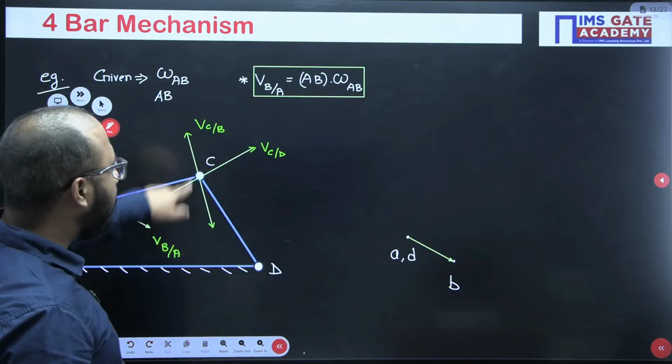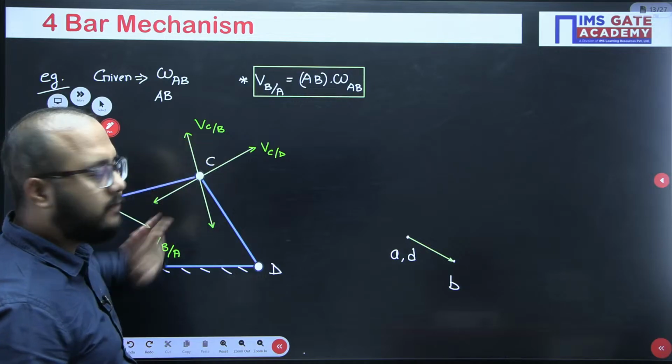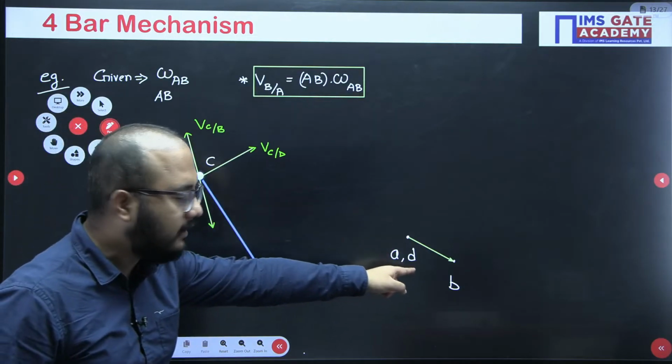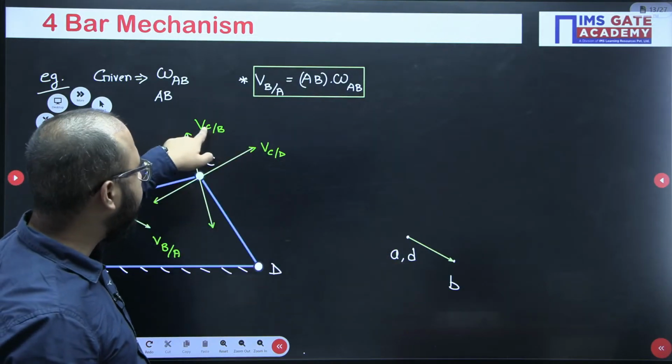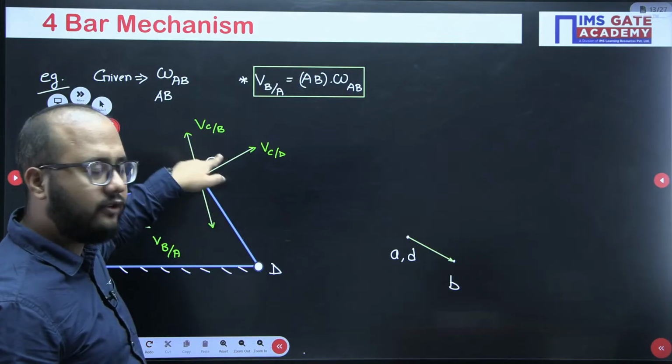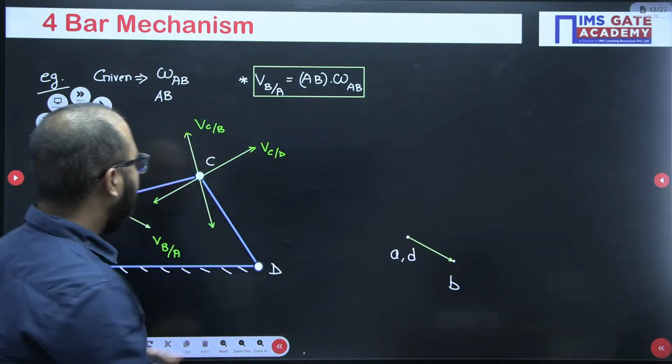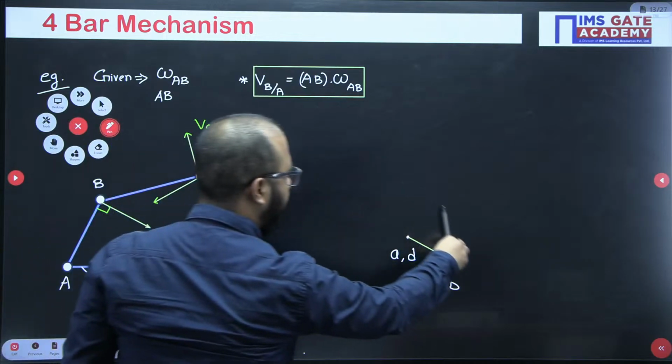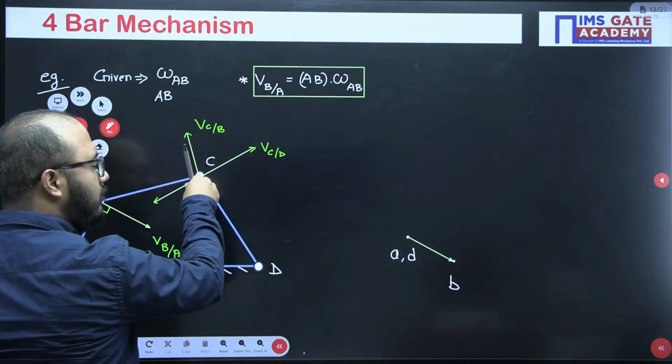Next, I will draw the velocity vector C with respect to B, because B is available here. When I am writing C with respect to B, B is my reference point and point B is available here. Magnitude I don't know, but direction I know.